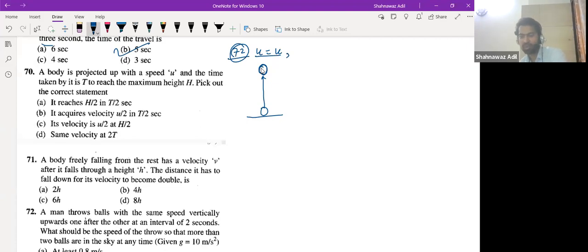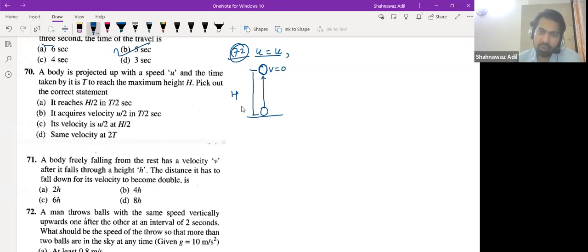At that point, what will happen to the velocity? Zero, right? So the final velocity would be zero. At the maximum height, the velocity will be zero. So at this h, v is zero, right? Yes, sir.